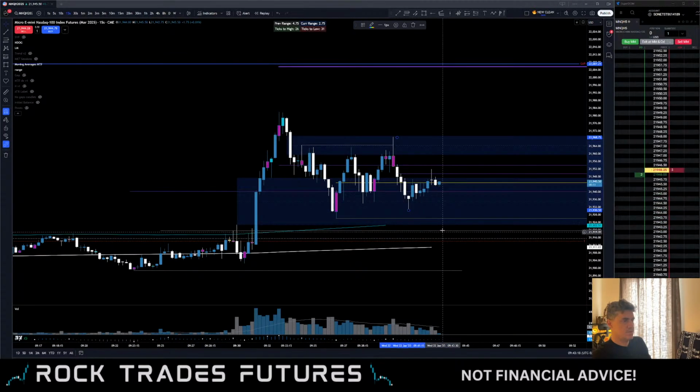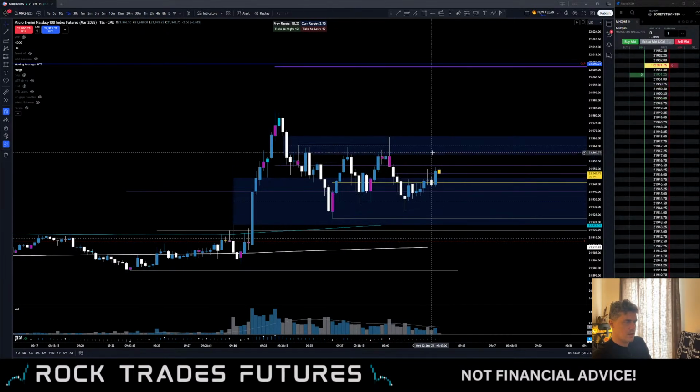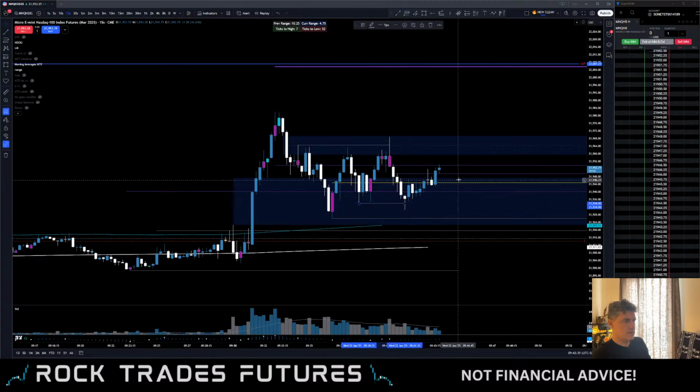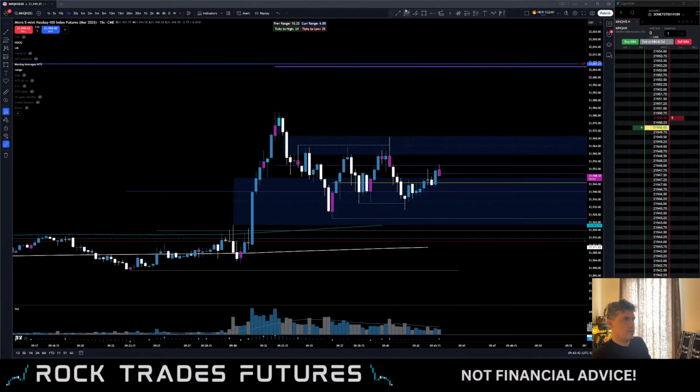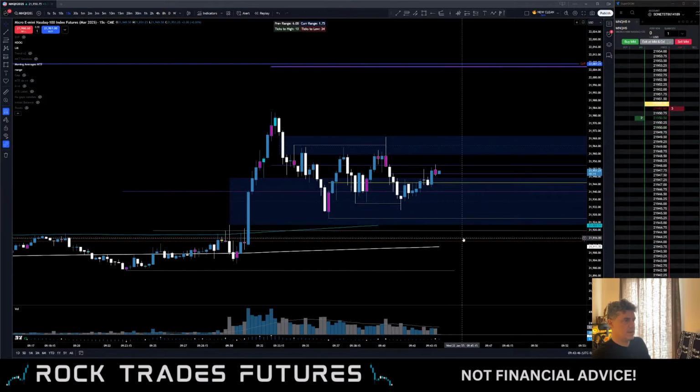Expecting price to return to this moving average and to the 20 period. Inefficiency on the 5 minute. However, if we're very bullish today, this could be a breakaway gap. And we broke higher, and then we broke lower here. Contraction within a contraction. So we could be looking to take this high before coming back down here.